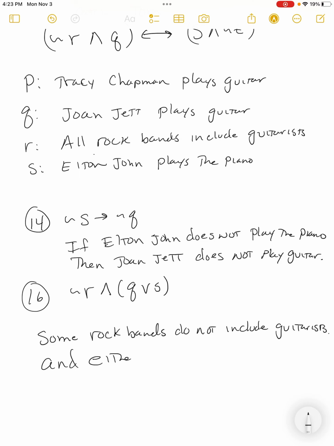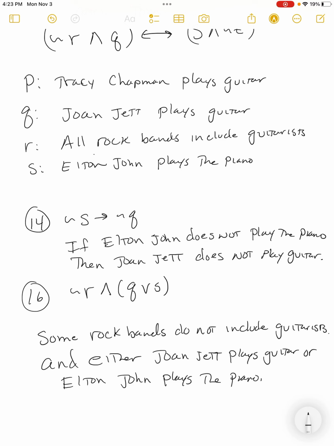And so a nice way to group that together is and either Q, Joan Jett plays guitar, or, what's S? Elton John plays the piano. And we're done. But that's a nice way to get that or to be compact in there, is to use that word either. So this will take you through problems 13 through 24.